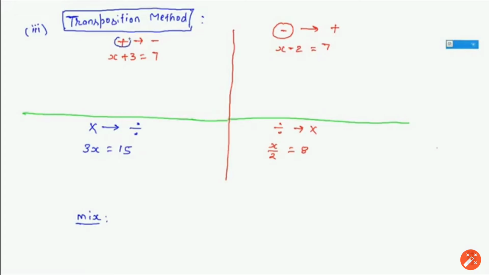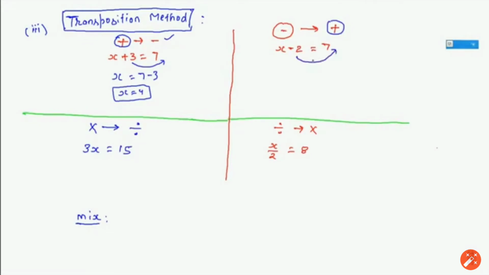When we send any term to another side, that means LHS to RHS or RHS to LHS, we change the sign. Plus changes into minus. Here x is equal to 7; plus 3 goes to the RHS, it will be minus 3. So x is equal to 4.